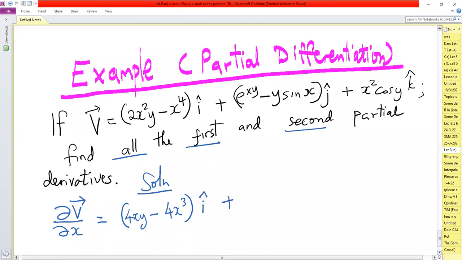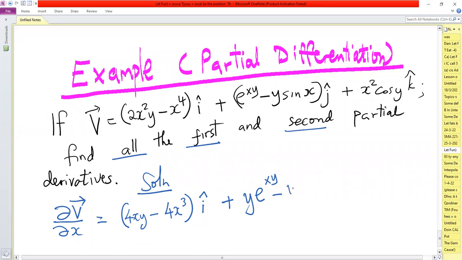plus here now partial differentiation. If you have e raised to power xy, y is taken to be a constant. So by chain rule, we'll have y e raised to power xy. This other part, y is a constant, so the derivative of the sine function is the cos function.